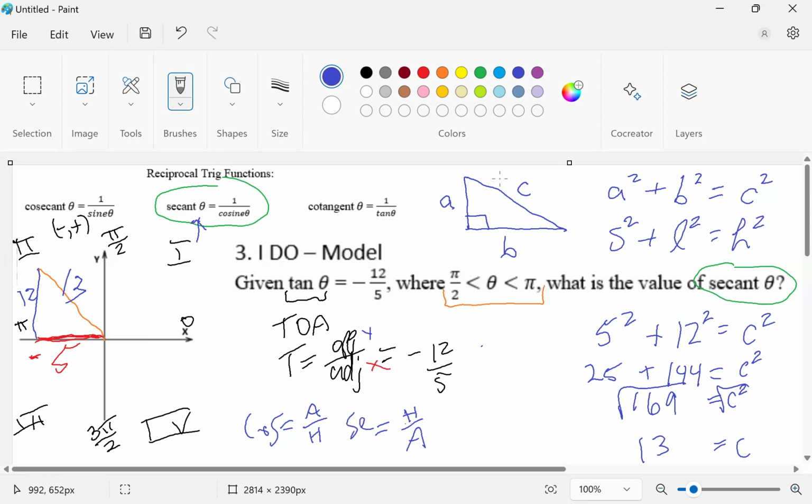So to find the secant here, if we look at our adjacent side, negative 5, and our hypotenuse, 13. So the secant of our angle theta is negative 13 over 5.